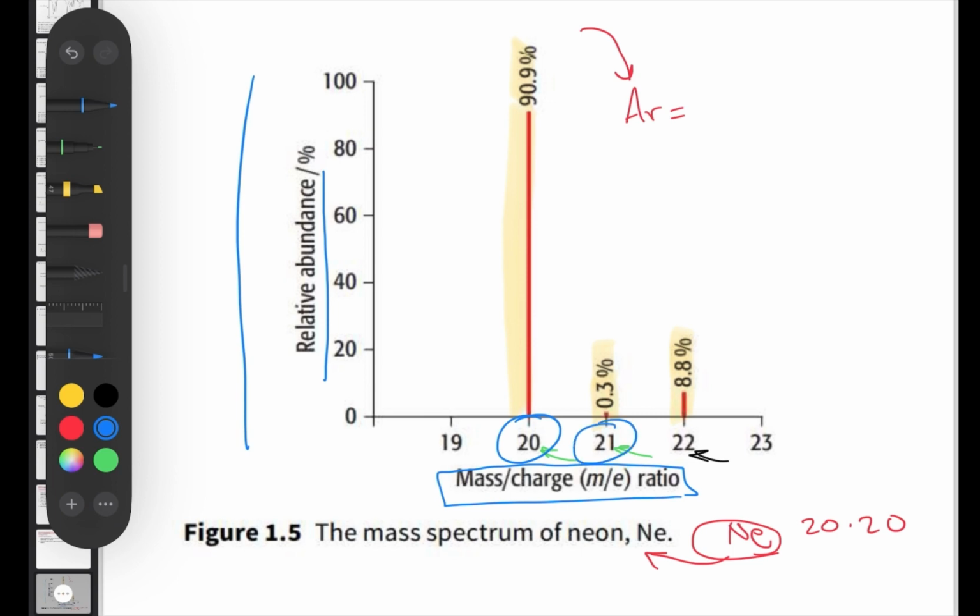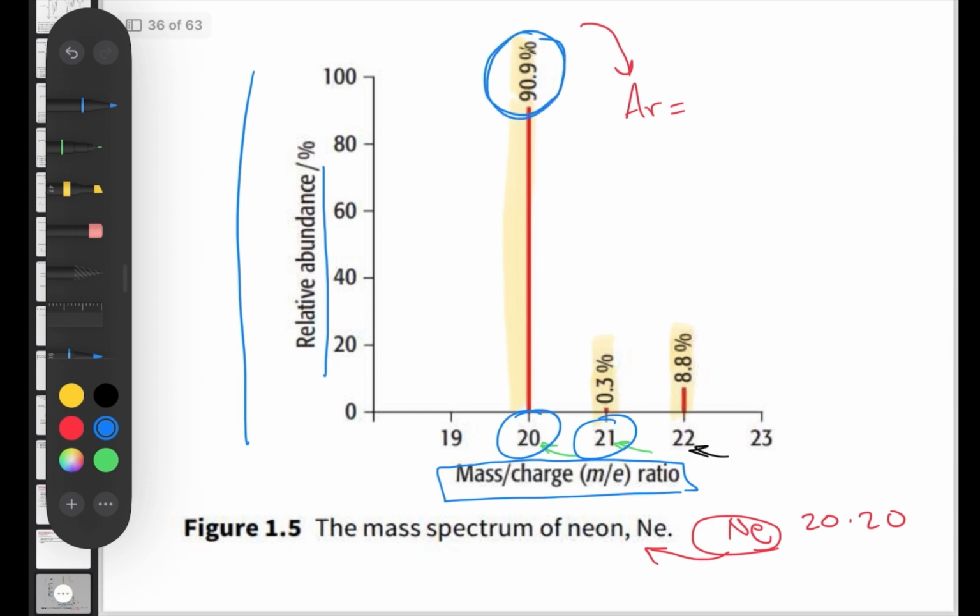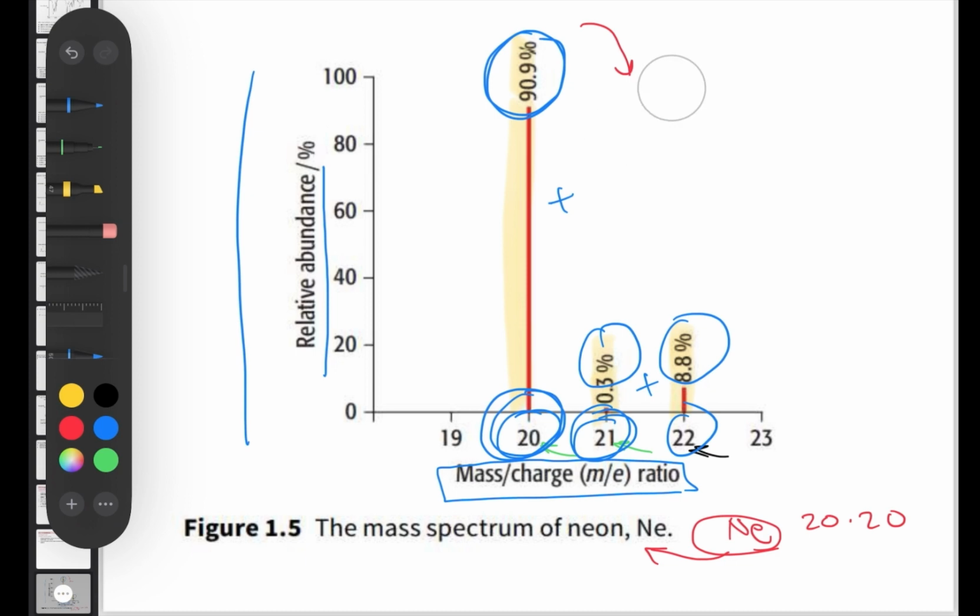The first thing you have to do is multiply the percentage with the mass, then plus the percentage times the mass, and then plus the percentage times the mass. I just want to write it again in a better way.